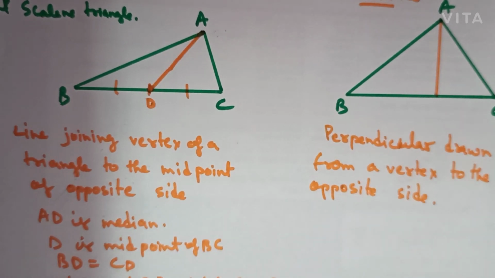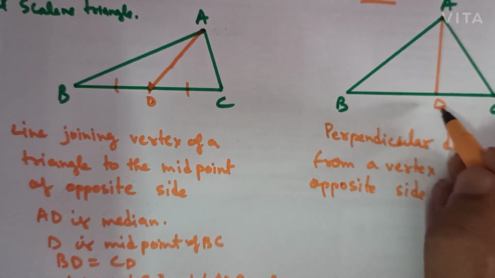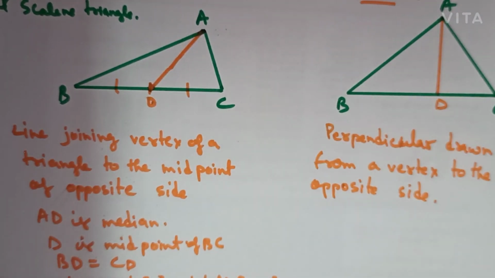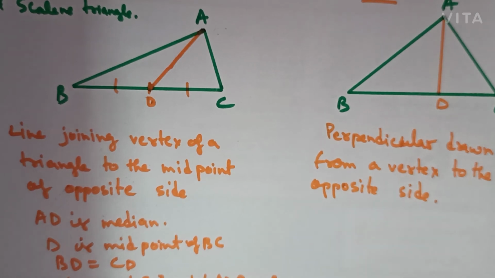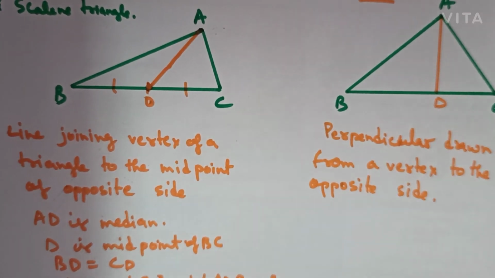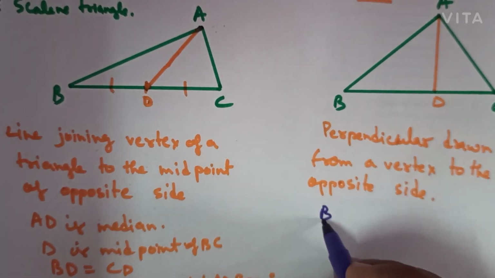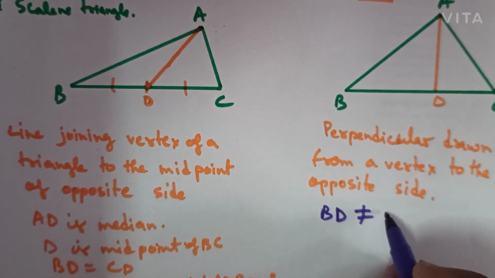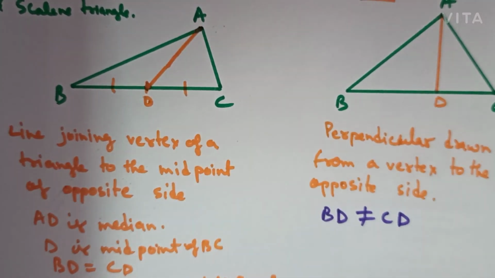And suppose this is point D only. So in this case, clearly you can say that D is not the midpoint of BC. So BD is not equal to CD, as in the case of median.